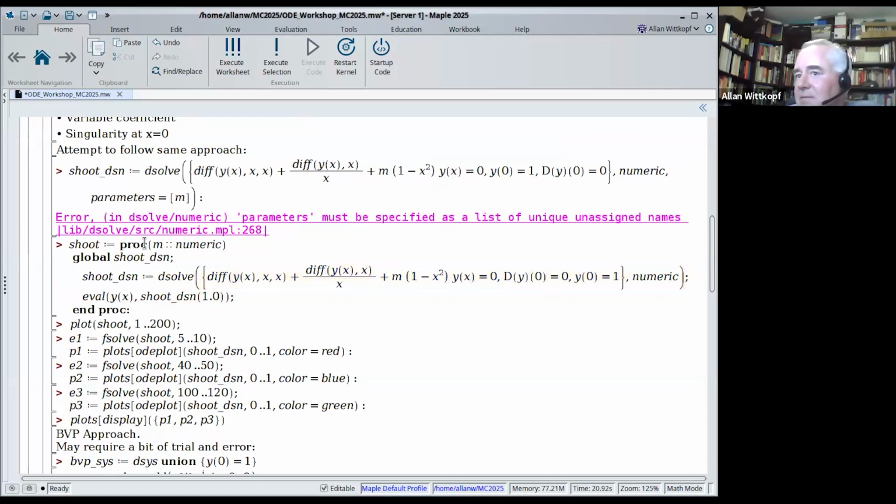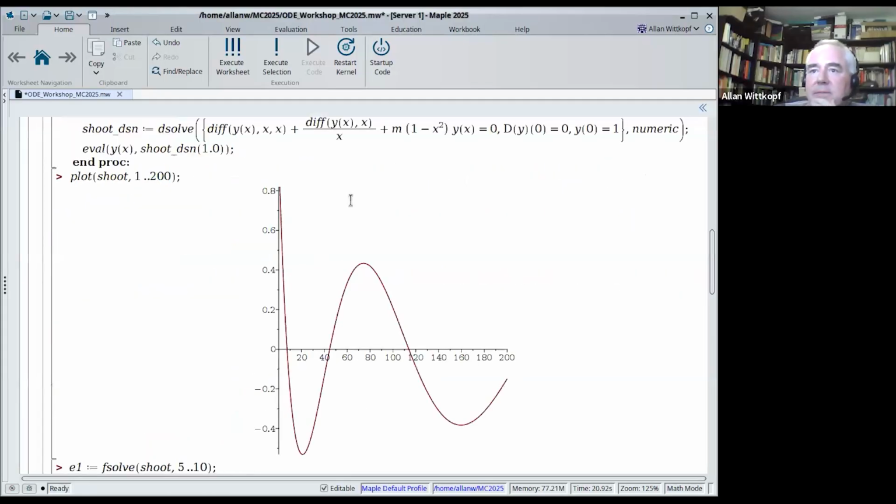So this is more expensive than it was before. So we create our shooting routine to do this. And now we can look at it over a time range. Again, nice objective function form. We can see, oh, look, we've got, again, 3 crossings, 3 places where we think we have an eigenvalue.